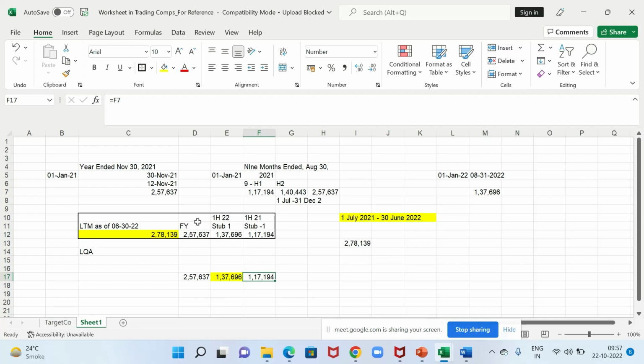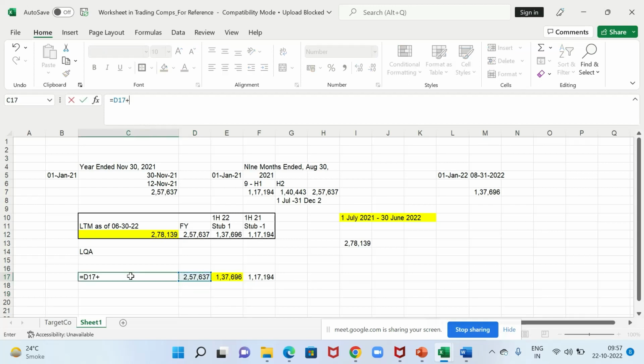In a similar fashion, we have just created a stub. If I have to do LTM, it would be just this plus the current stub less the prior stub. This is the number that I'll be getting, exactly the same, but this will be as of August 31st 2022.